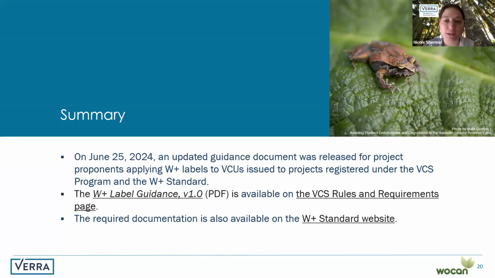That guidance document is available on the rules and requirements page for the VCS program on the Verra website. And you can also find the required documentation for the W+ standard by going to the W+ standard website.